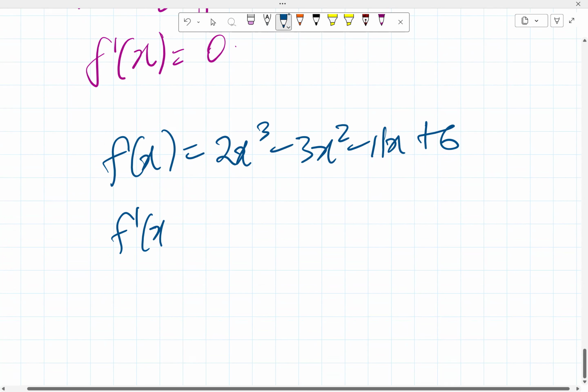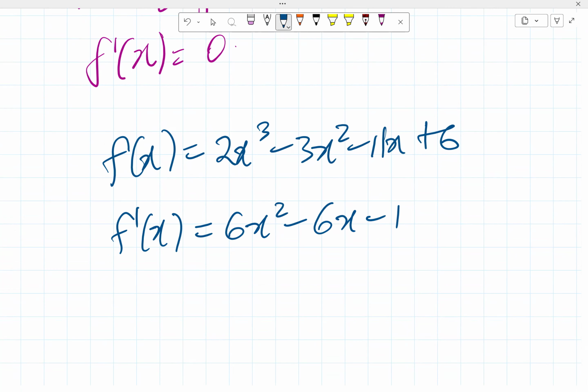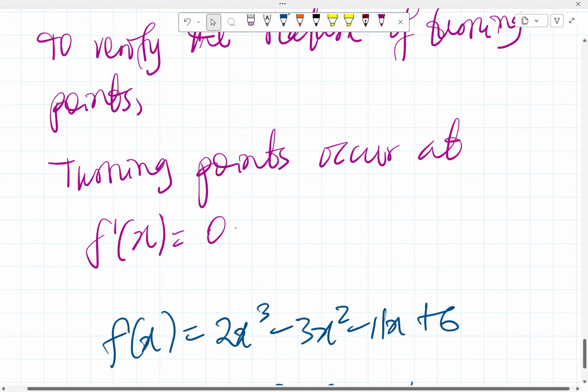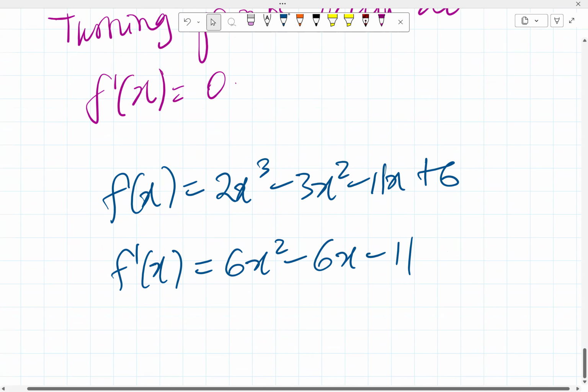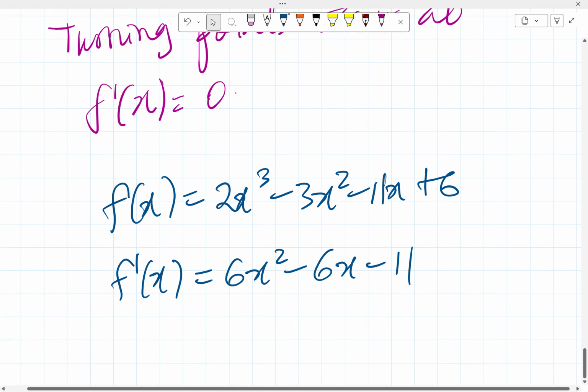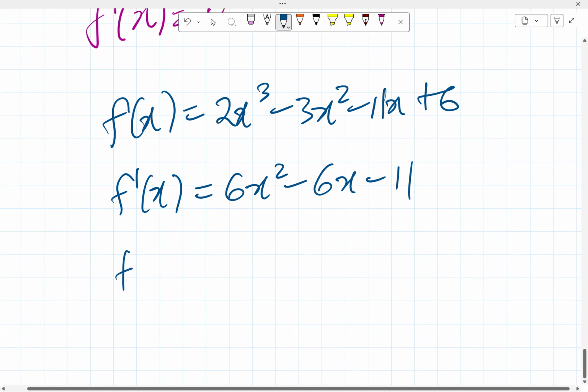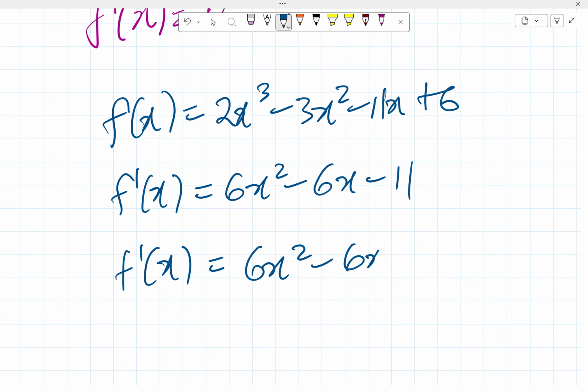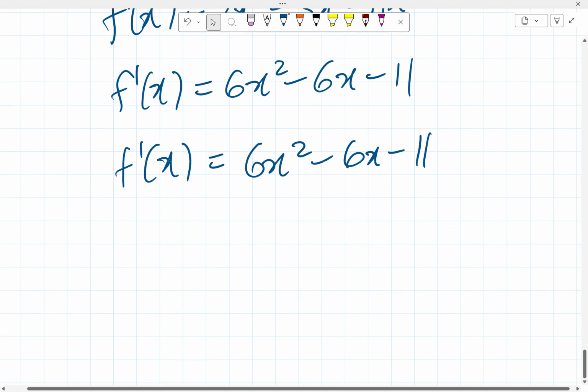And f prime of x is simply differentiating: 6x squared minus 6x minus 11. Normally if you solve this, we should get the turning points. So f prime of x equals 0 is 6x squared minus 6x minus 11. So we can use the AC method.